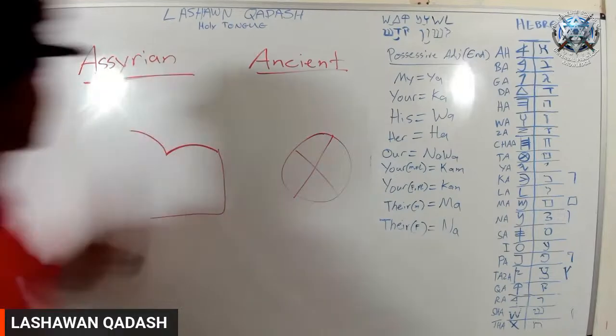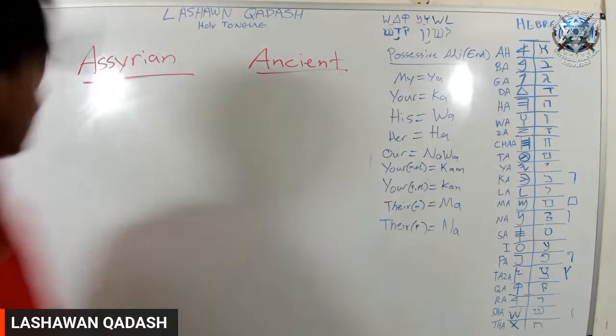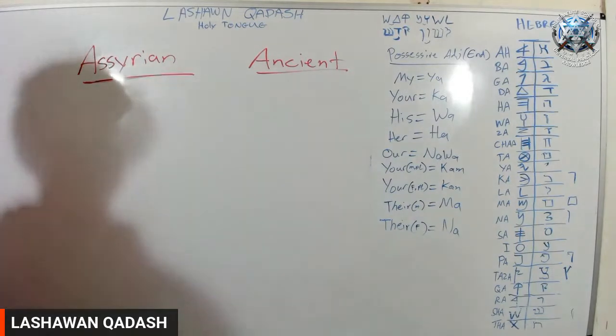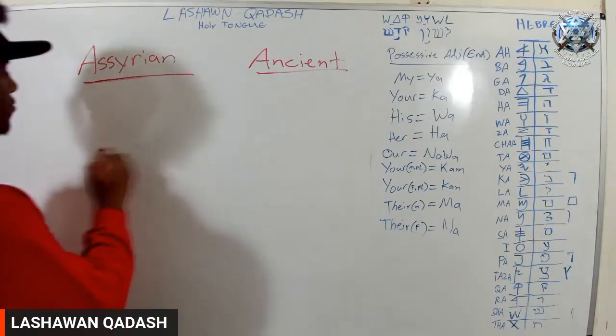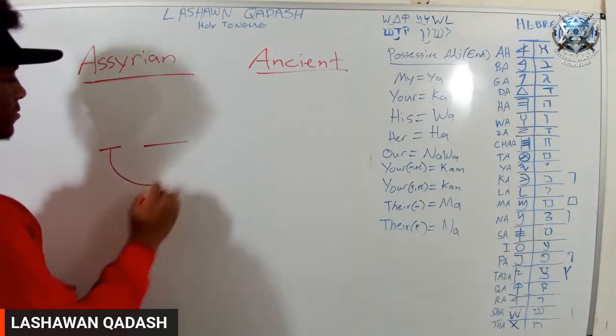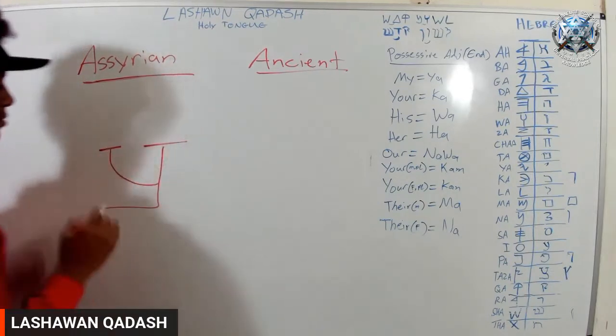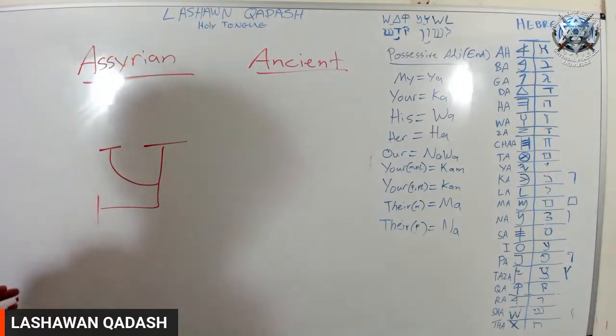One more. Let me get the character Tazah. That's good. Go ahead. What's the ancient version of it?